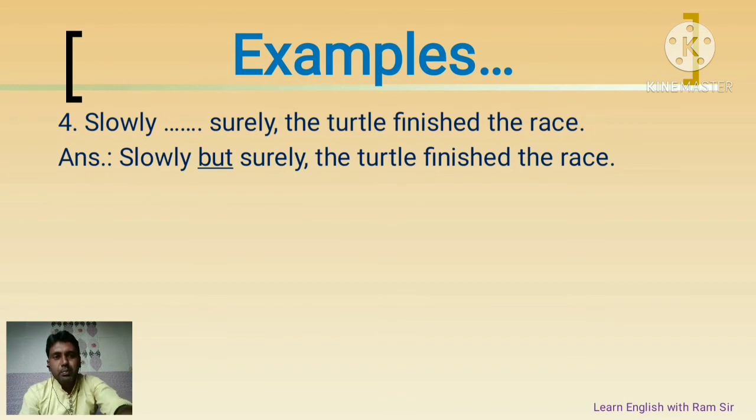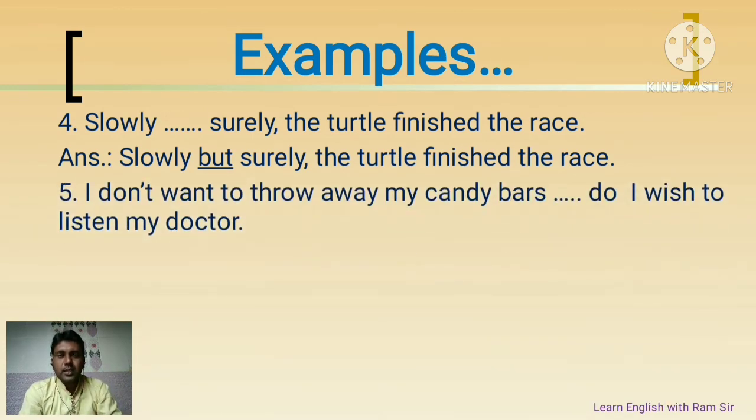The next example here we are going to discuss, that is, I don't want to throw away my candy bars ... do I wish to listen my doctor. In the previous statement we have one negative idea which existed, and the second one is also negative. So when we would like to express the second negative idea, that time we need to use nor.